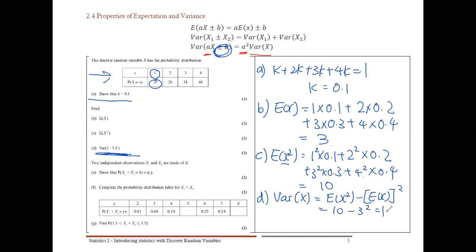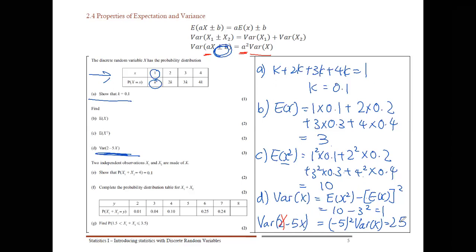So if you were to compute var of 2 minus 5x, because it's variance, we don't need to care about the 2. So you'll just be minus 5 squared times var x, which is 25 times 1, which gives you 25. Okay, so simple.